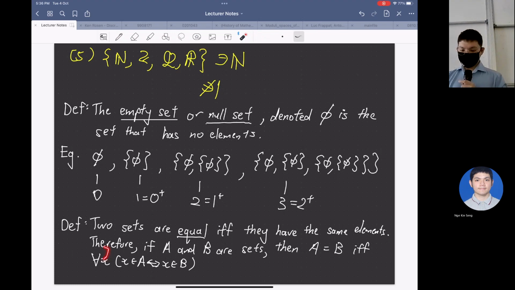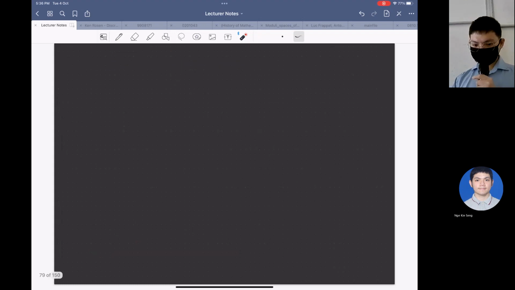So you take an x from A and show that it is in B, and take an x in B and show that x is in A. Okay, we will see an example.